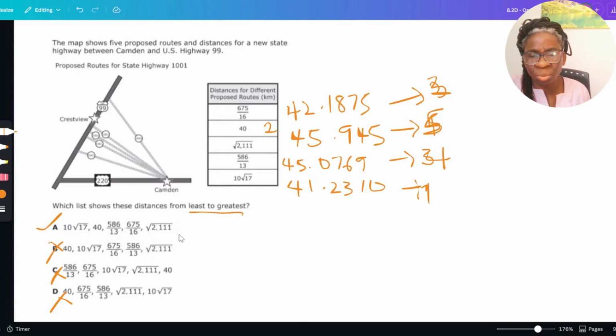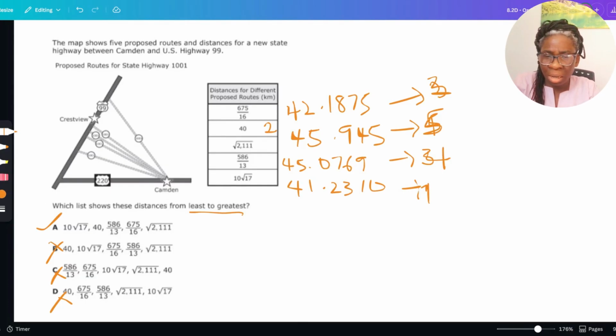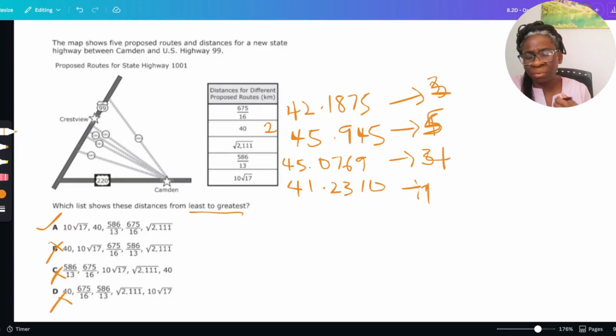Let's see, 586 divided by 13 is 45.07. 675 divided by 16 is 42.17.